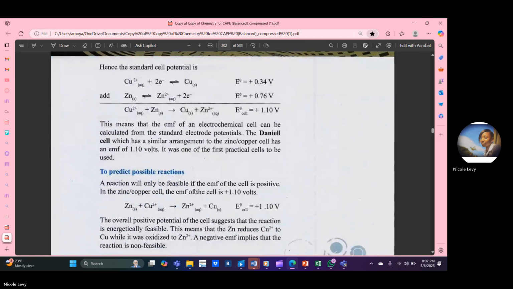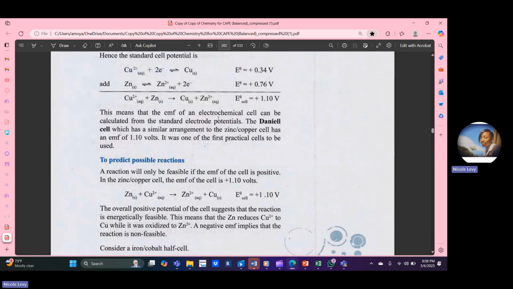So don't mind the order. Remember I told you earlier, you can put the anode, and then the ion that the anode gives up, and then the ion at the cathode, and then the metal at the cathode. So don't get confused by that.